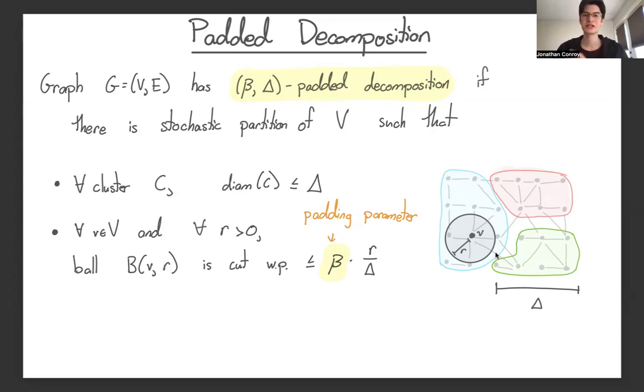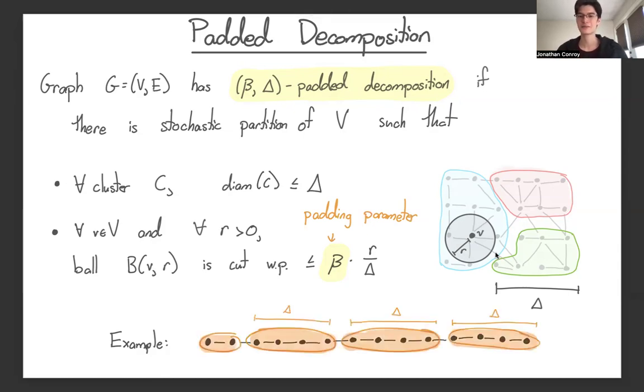So just to gain some intuition about this object, consider an unweighted path graph. If we want to chop this into clusters of diameter delta, really the only thing we can do is just chop into intervals of length delta and apply some random offset in the beginning, let's say.